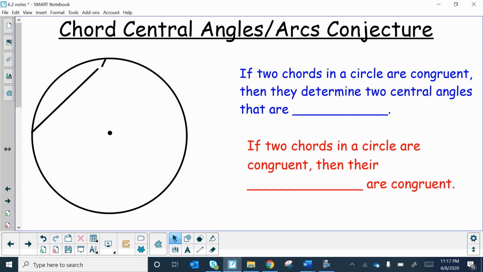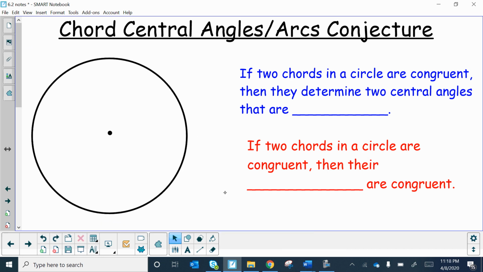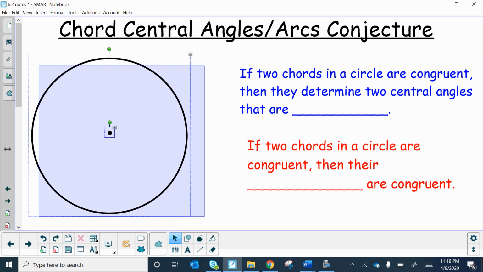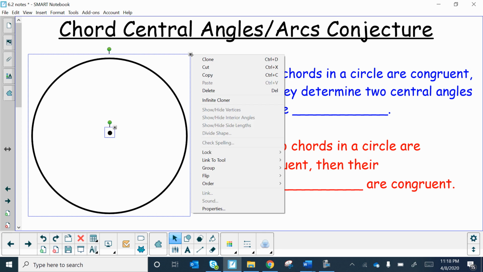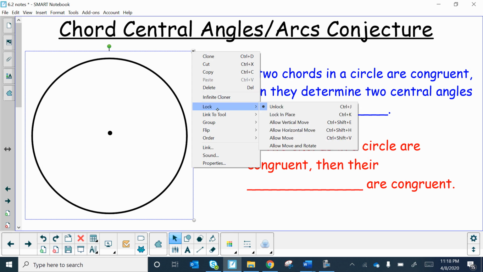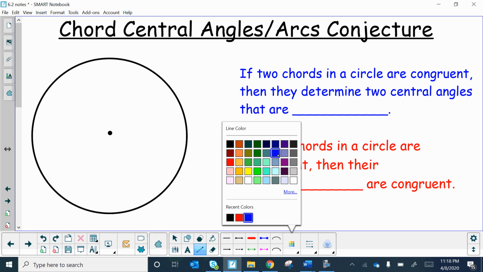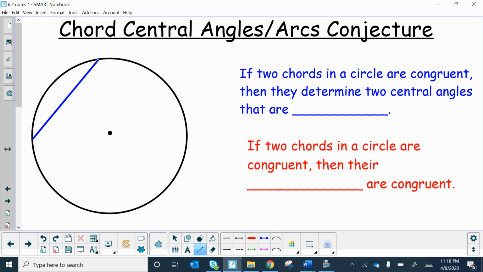So there's one chord, and then I want to make it exactly the same as the other one.